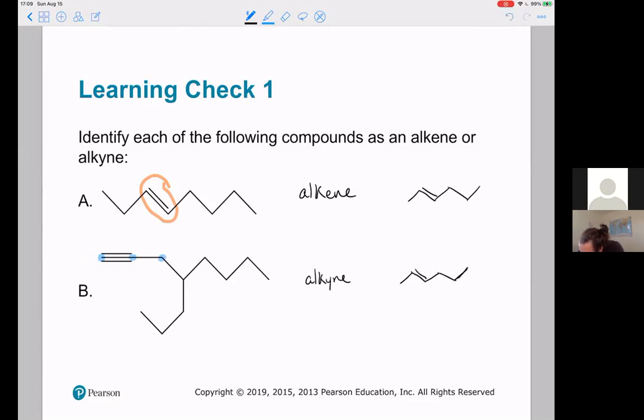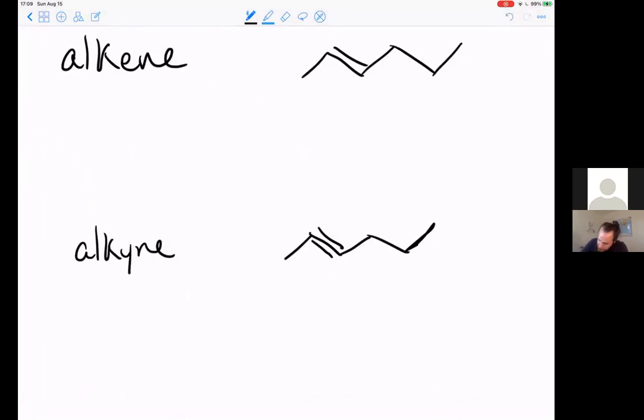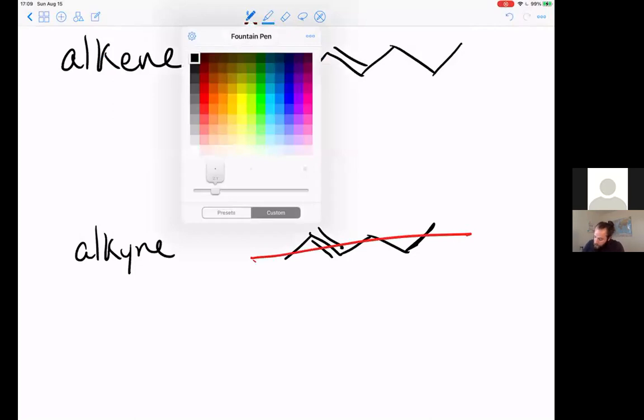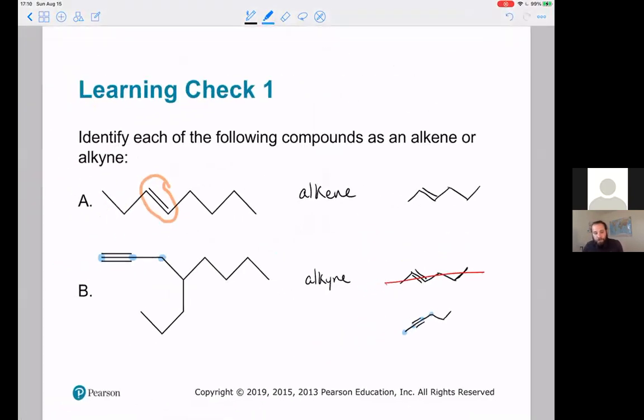Something like this, where I say that this is a triple bond, this is wrong. If I wanted to draw this same structure, here's my triple bond, boom. Now I can start doing the zigzags. Everything on either side of this triple bond has to be in a straight line.